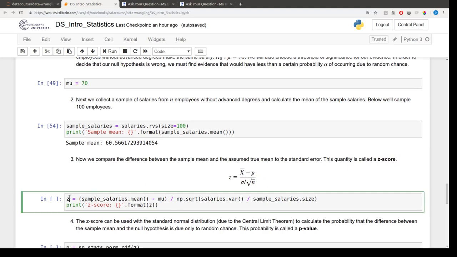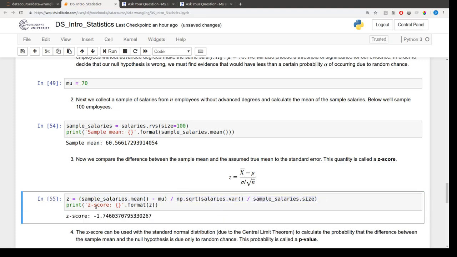So I'm going to define z equal to the difference between my sample mean and mu divided by my standard error. So this gives me a z-score of negative 1.745, if you're rounding.